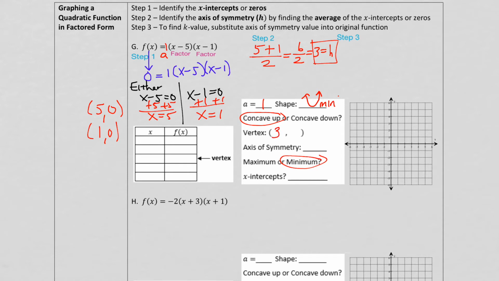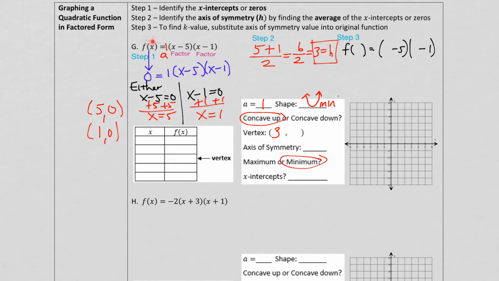And then to find the k value, to finish this in step 3, you're going to input what you just found, the h, back into the original problem. So in step 3, I'm going to copy the original problem again, exactly as I see it: f of x equals x minus 5 and x minus 1.